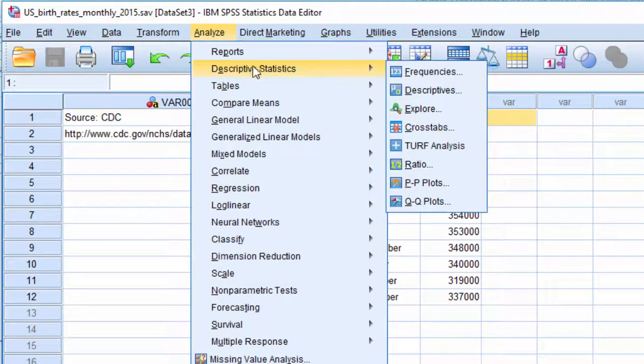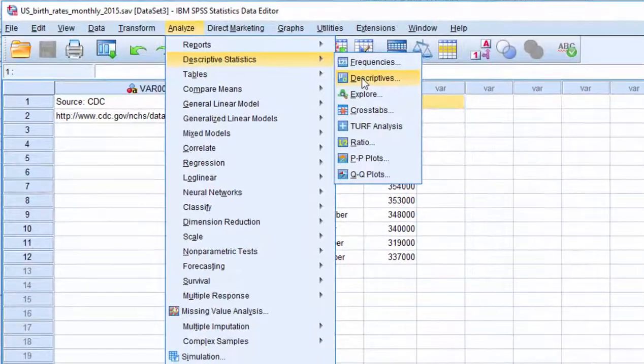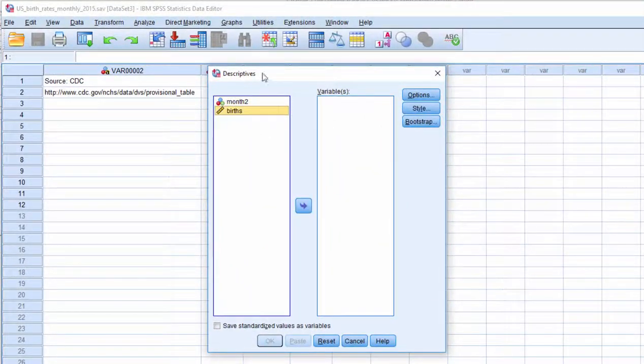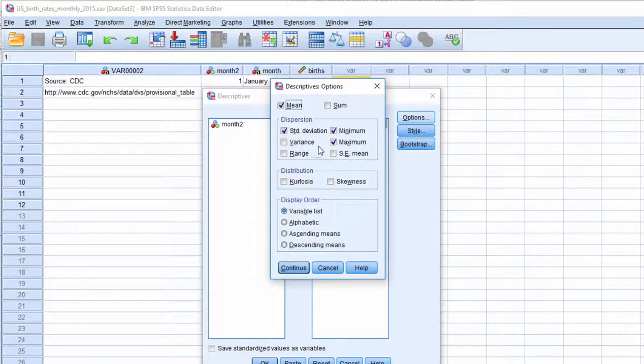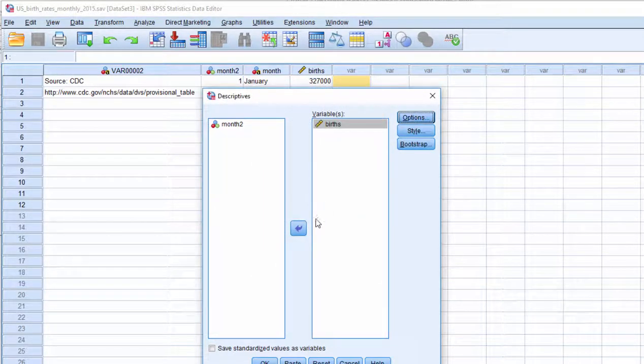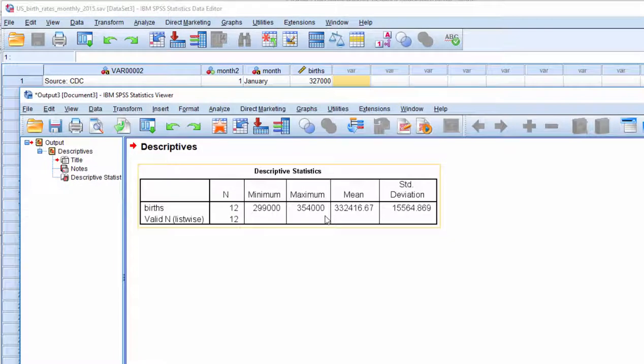So go into Analyze, Descriptives, and Descriptives for this one, go into Births, click on Options, and click on Sum. I don't want the mean, I don't want the standard deviation, I don't want any of those things, I just want the sum for this. And I get a sum of, where is the sum?